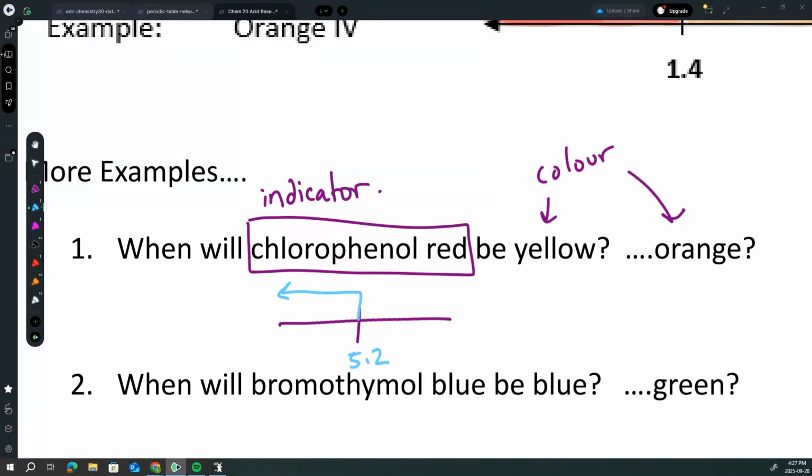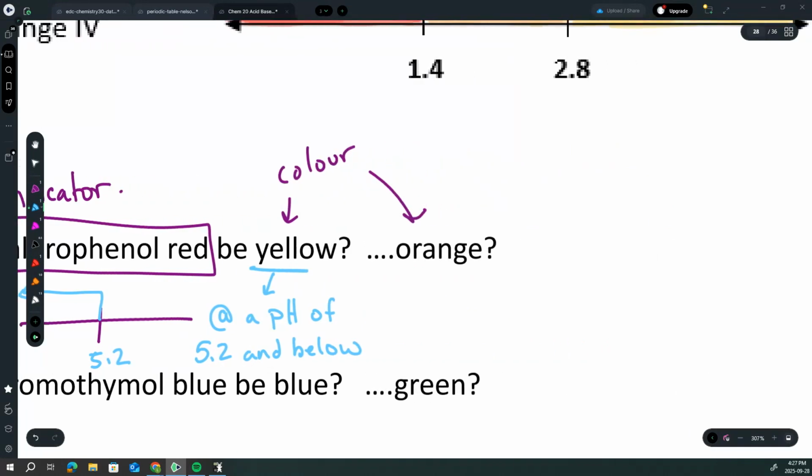So pH of 5.2 and below, that's what this arrow is supposed to mean. So the answer to this is a pH of 5.2 and below. Once we get to more complicated questions with indicators, it will make sense why I'm drawing out the answer a bit more visually.